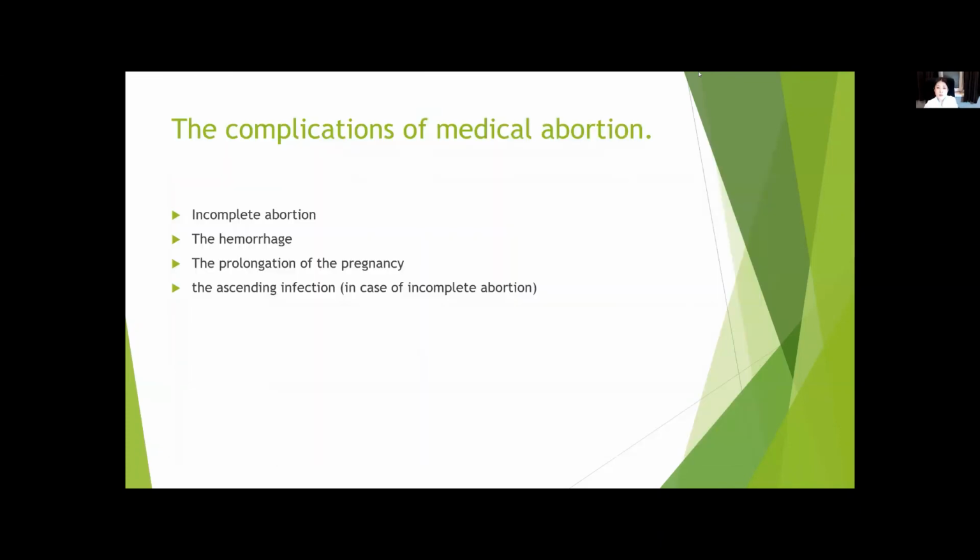The complications of medical abortion include incomplete abortion. It means that the products of conception are inside of the uterus and there is bleeding and the external os is open, but the products of conception cannot get out without curettage or vacuum aspiration, which is needed in this case.